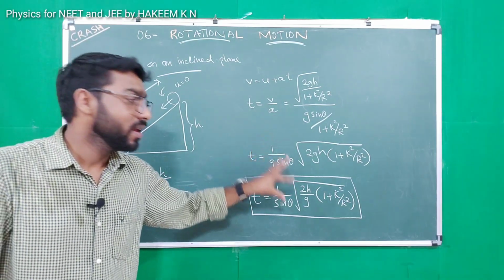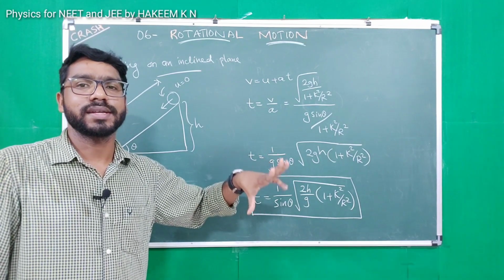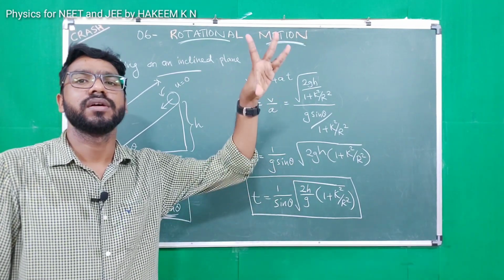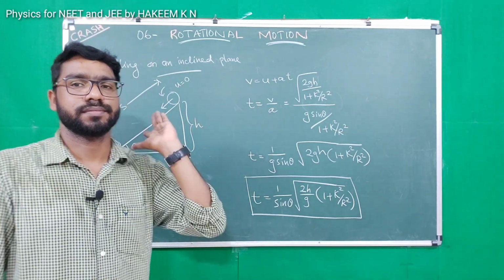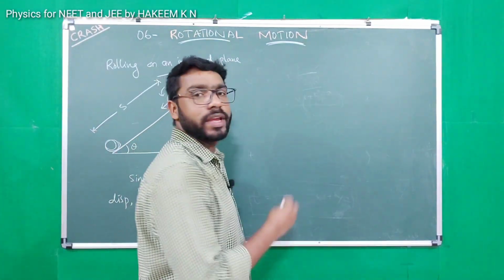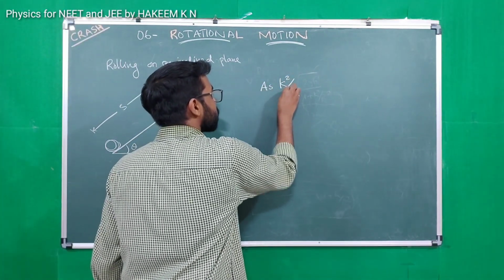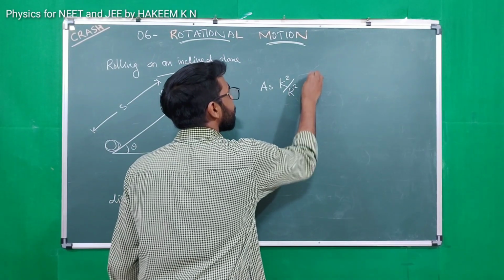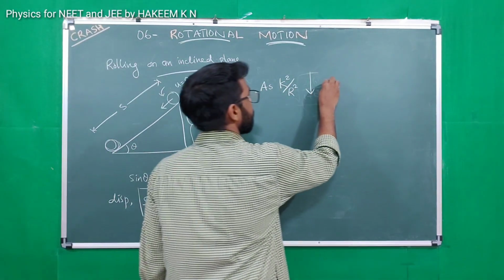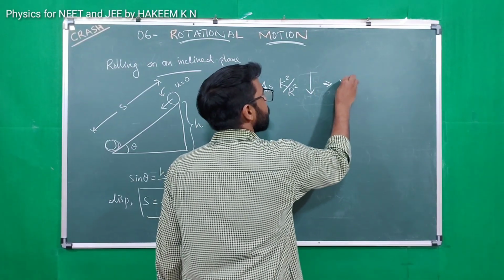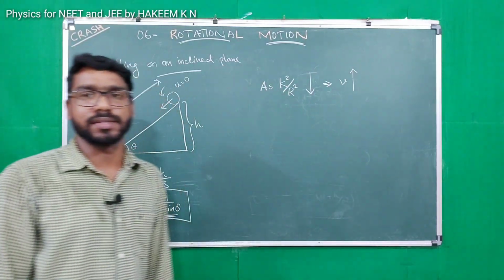By knowing k square by r square value, we can compare acceleration, velocity and time of descent of various rolling bodies. So we can conclude that as k square by r square decreases, velocity while reaching the bottom increases.